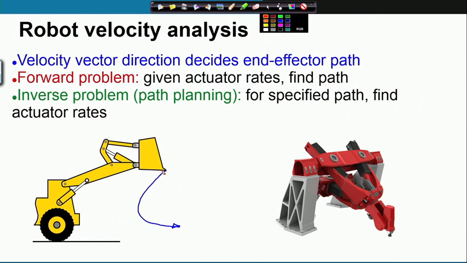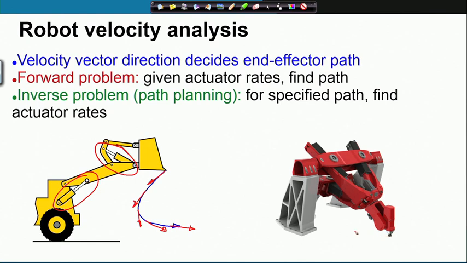Therefore, I would like to find out how I should move so that this path can be traversed. One way is to specify the velocities at various points on this path. I should be able to specify the velocity at each point on the path, and corresponding to that I should be able to find out the expansion rate of the actuators.